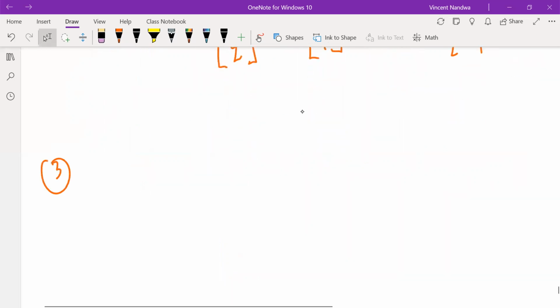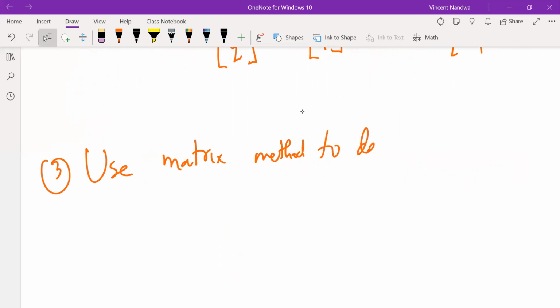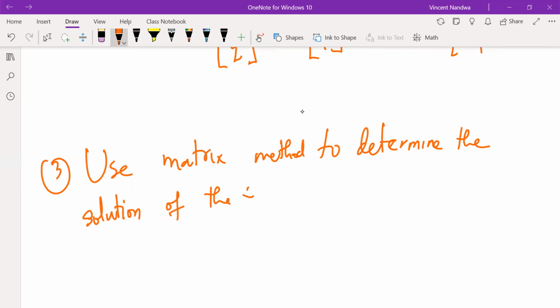Number 3, use the matrix method to determine the solution of the following simultaneous equations.